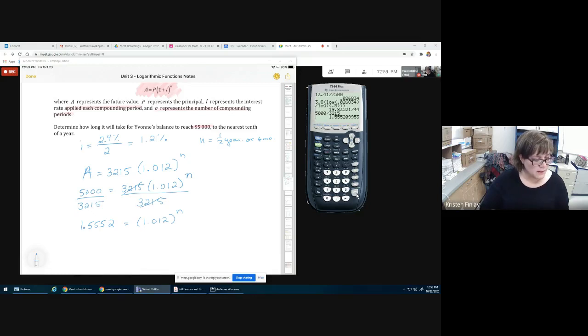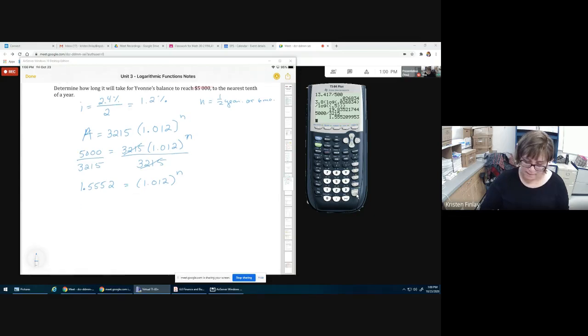So we can put this in logarithmic form. So log base 1.012 of 1.5552 equals n. So this is like log of 1.5552 divided by log of 1.012 equals n.